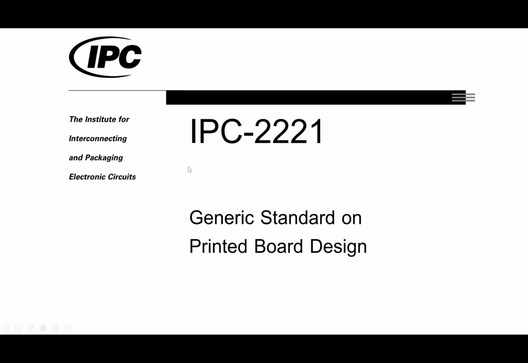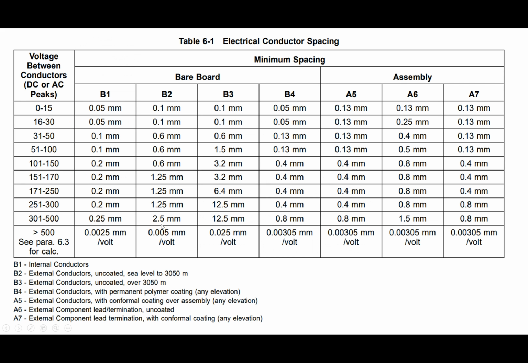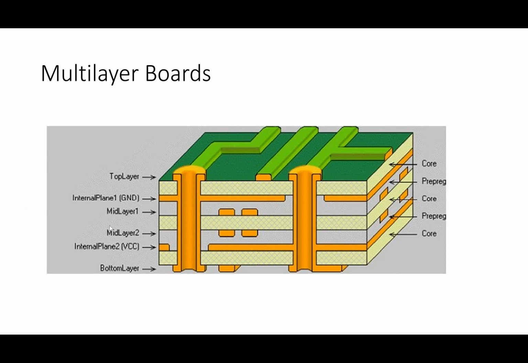So, as I said, this standard lays out some basic guidelines. One of them is, how do I space conductors to prevent that dielectric breakdown? The other really critical thing that we often worry about is what size the traces are. If I look back to these traces right here, how does one decide what width those traces need to be?